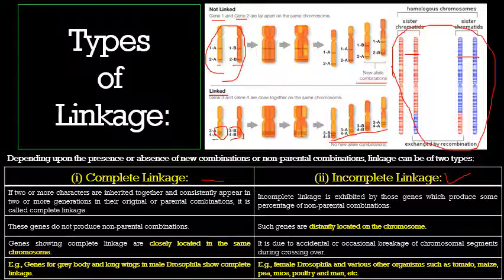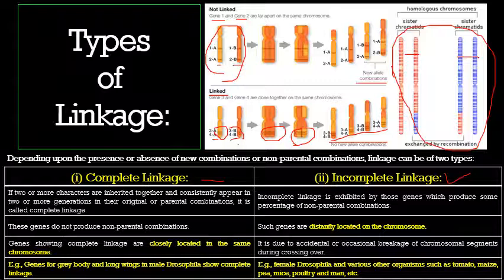The third point, genes showing complete linkage are closely located on the same chromosome. Here you can see these closely located genes. While incomplete linkage is due to accidental or occasional breakage of the chromosomal segments during crossing over. The new combination occurs due to accidental or occasional breakage of the chromosomal segments during crossing over.